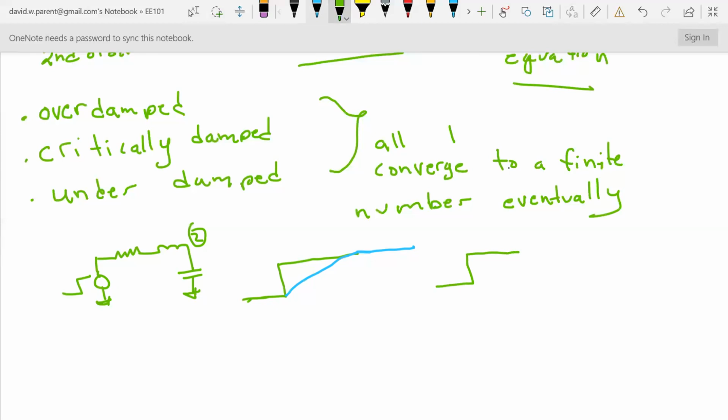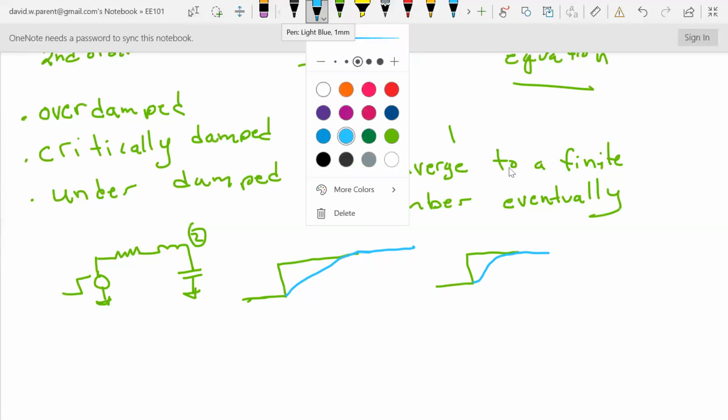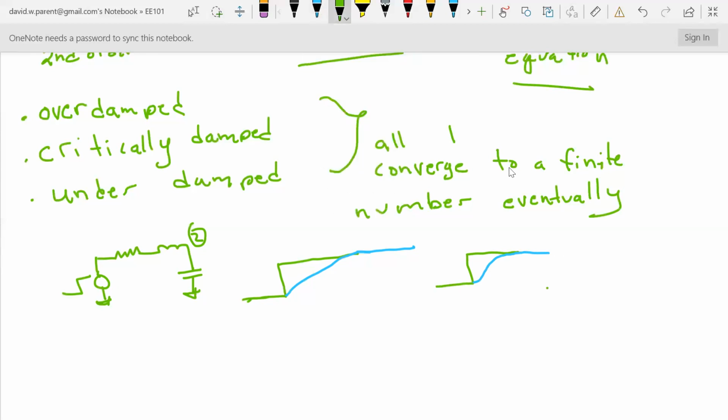The critically damped system has a slightly different curve, but it can be almost impossible to tell the difference. But it converges at a known value. The underdamped is pretty obvious, it goes up at least once, and it can wiggle, but eventually it converges to a value.